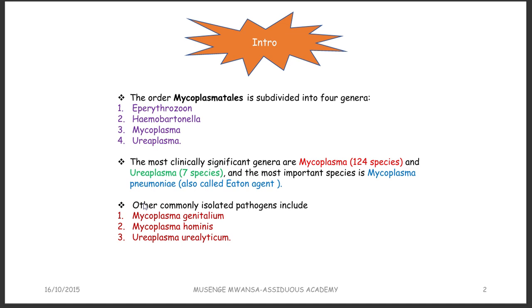Now, there are of course other commonly isolated pathogens like Mycoplasma genitalium, Mycoplasma hominis, and for the Ureaplasma, you have got Ureaplasma urealyticum. So these are other important commonly isolated pathogens.